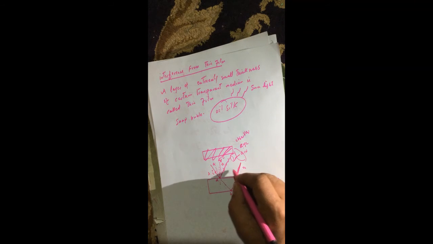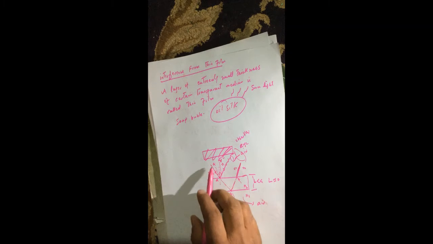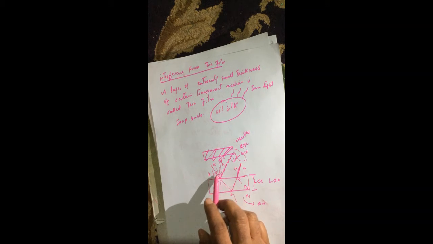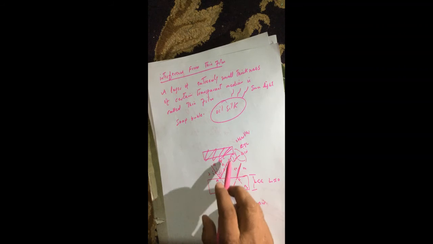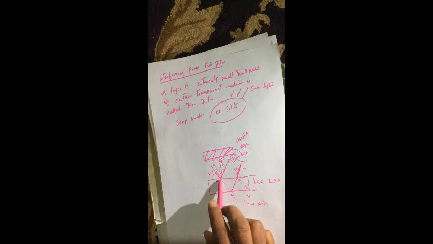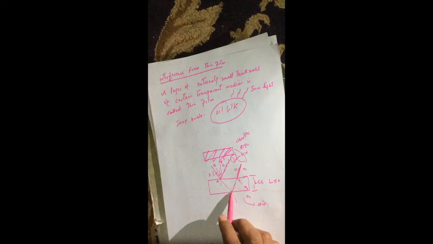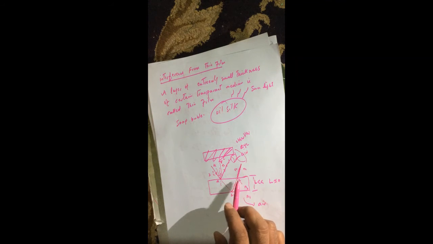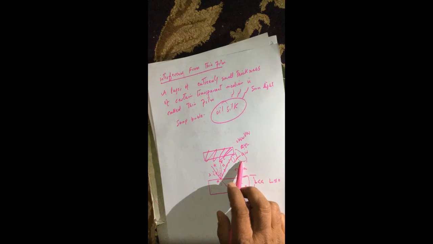Now we have two rays. This is ray 1 and this is ray 2, R2. Ray 1 comes from the reflection from the top surface, and ray 2 comes after traveling a twice distance. Like first it will move from A to B and then from B to C, and after that it goes to the observer eye.